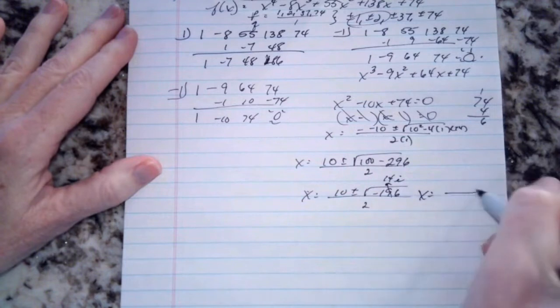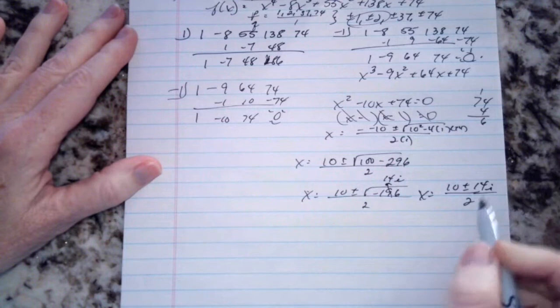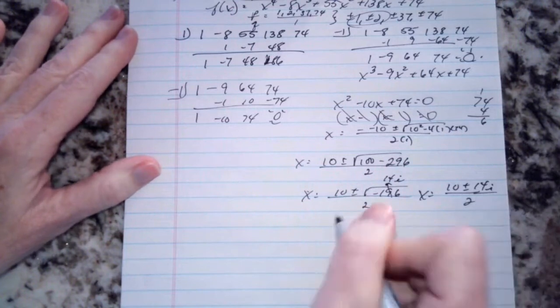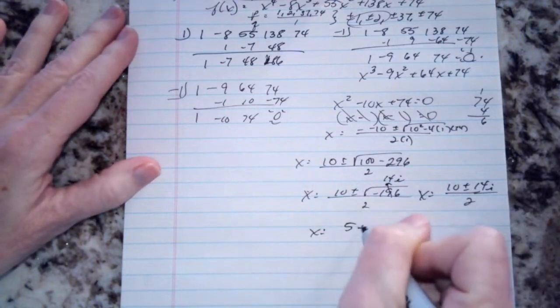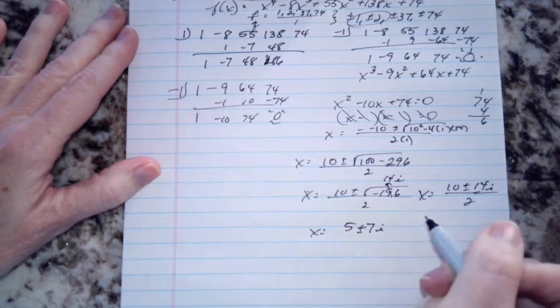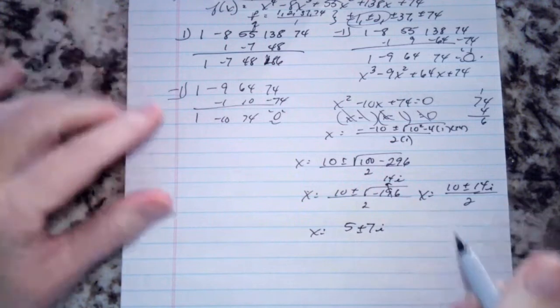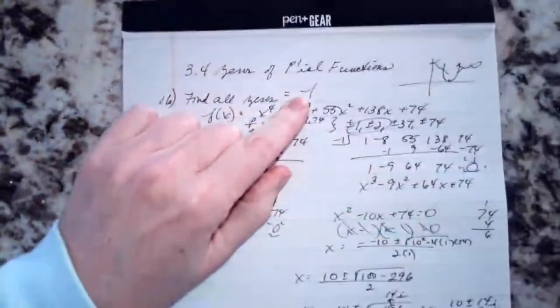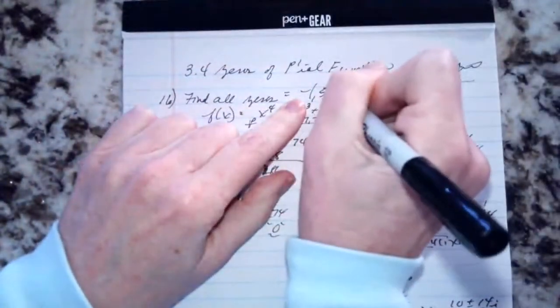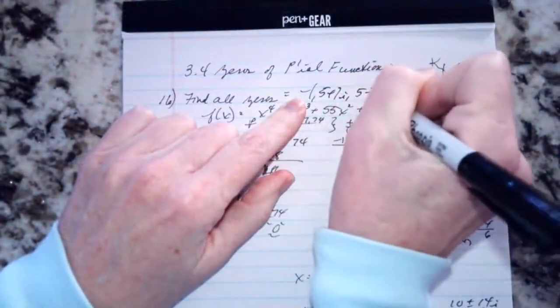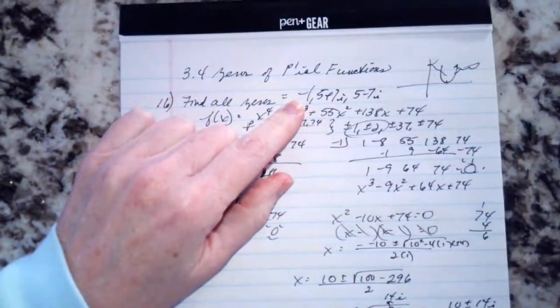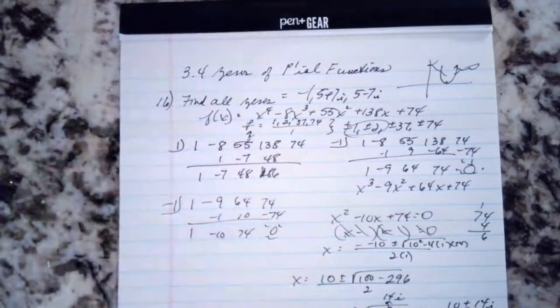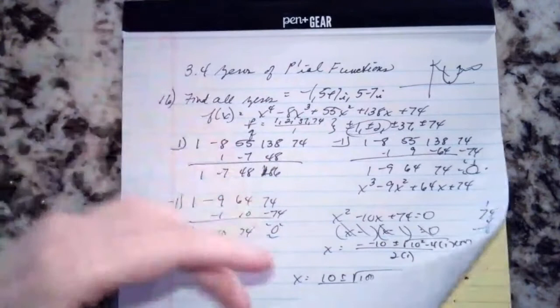Continuing on here, we get 10 plus or minus 14i over 2. All of that will reduce, giving us 5 plus or minus 7i. So our three roots are negative 1, way up here, and then 5 plus 7i and 5 minus 7i. If you can follow that, you're good to go do number 16.